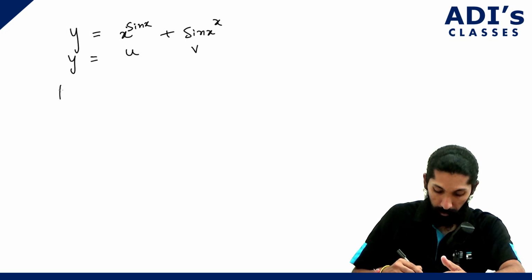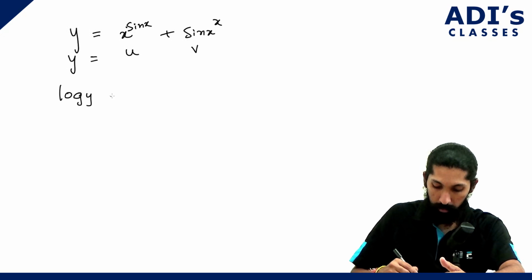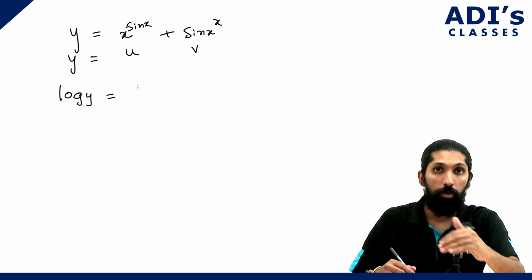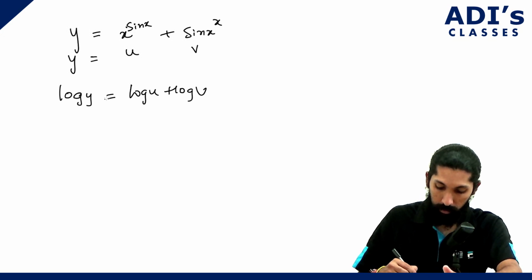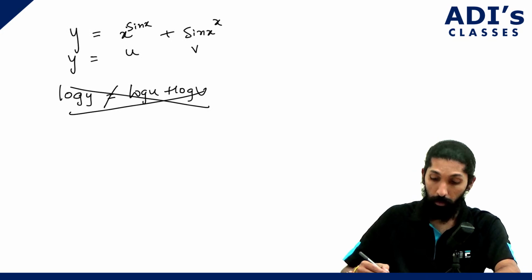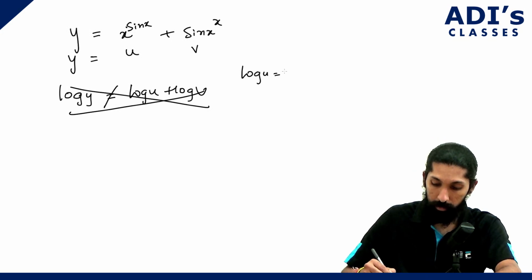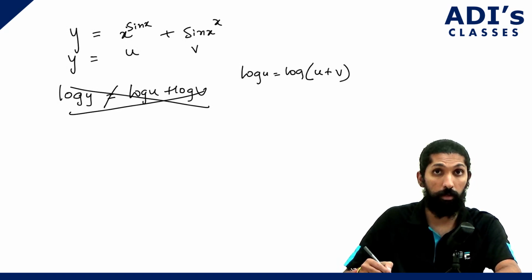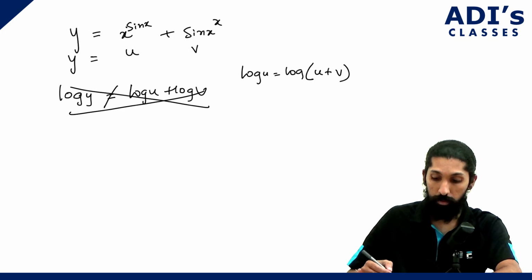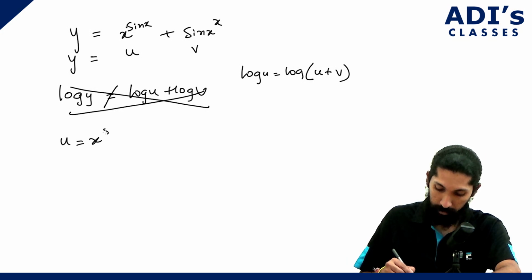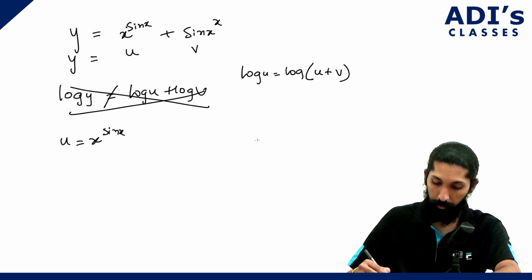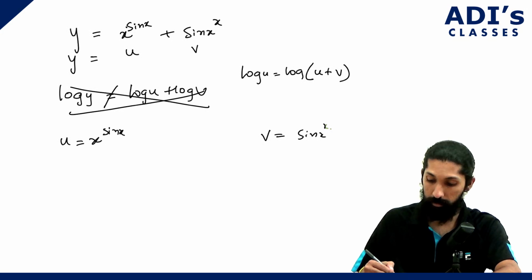If you take log y, you cannot write it as log u plus log v. This is completely wrong, because log y becomes log of u plus v, which is not the individual logs. Keep this in mind. Instead, take u as x power sin x and v as sin x to the power of x.